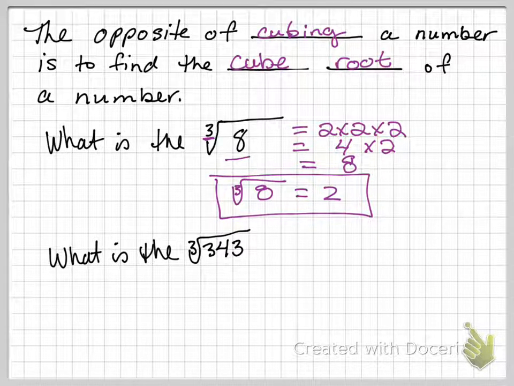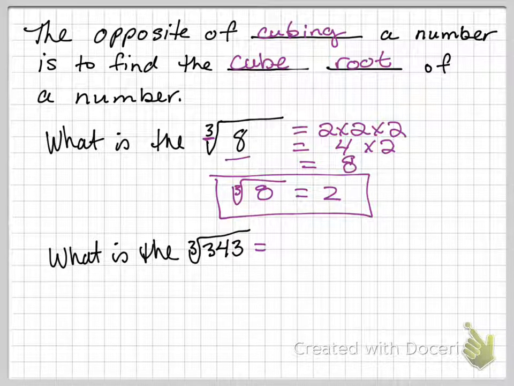Okay, next one. So we want to find what is the cubed root of 343. So we need to think about what number, when I multiply it by itself 3 times, gives me an answer of 343. So we tried previously 6 times 6 times 6, and that gave us 216. That was a little bit too low.